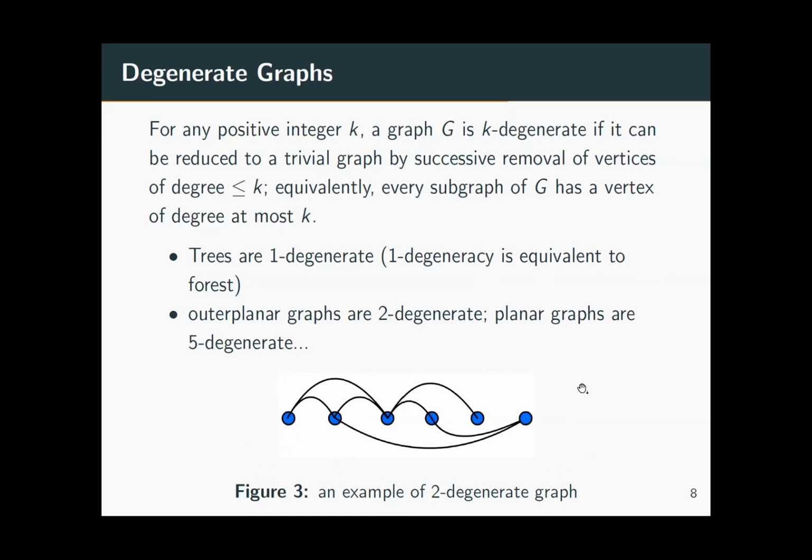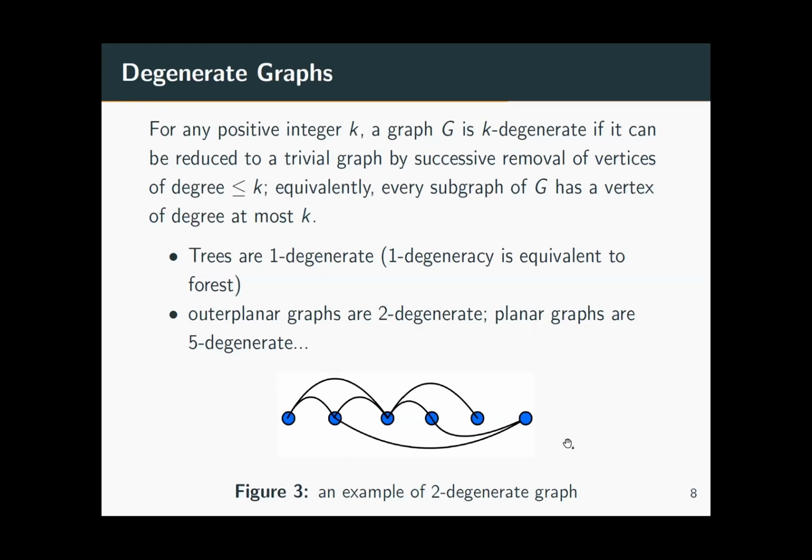We can see by removal from left to right, we remove the vertices one by one, because for example, the rightmost one has degree 2, so it has degree at most 2. We can remove it, and we can remove them one by one, and then eventually we will have a trivial graph.